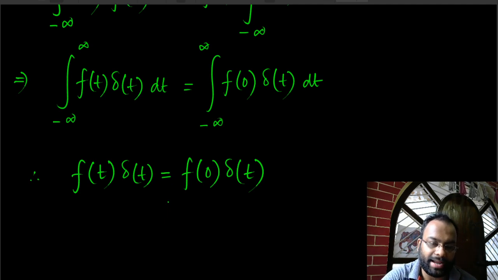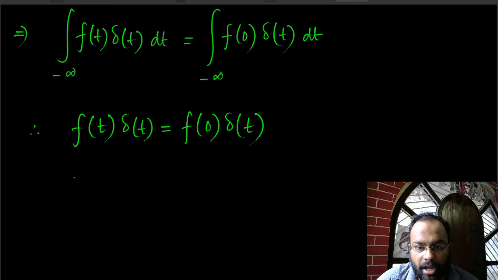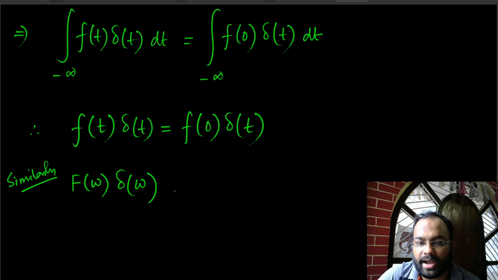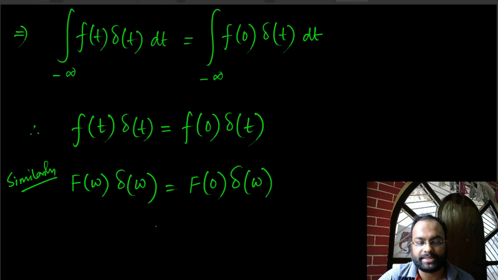Earlier I showed you convolution, now I am showing you multiplication. So f(t) delta(t) is basically f0 delta(t). Similarly, F(omega) delta(omega) is F0 delta(omega). We just replaced names, right?